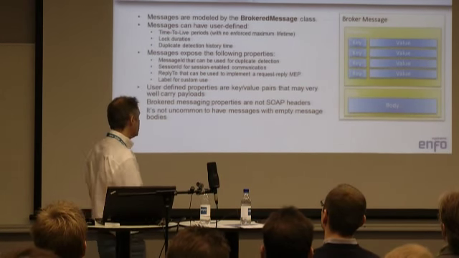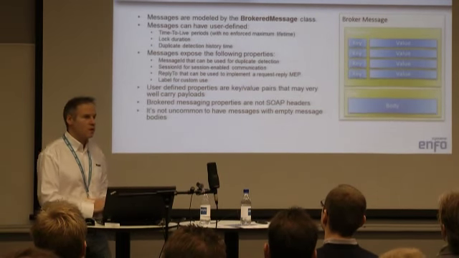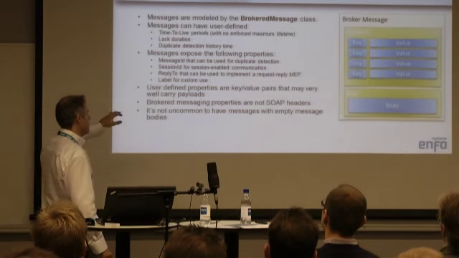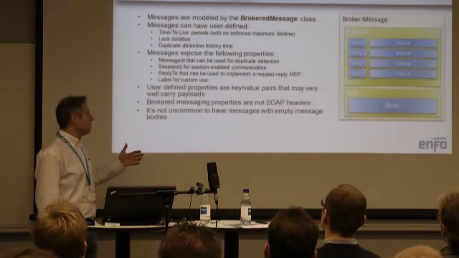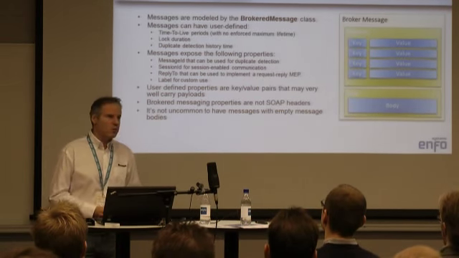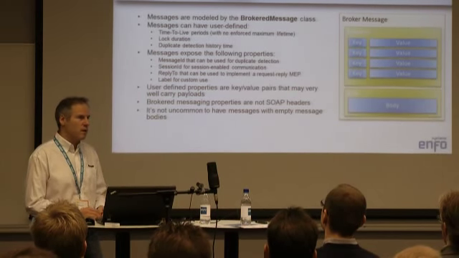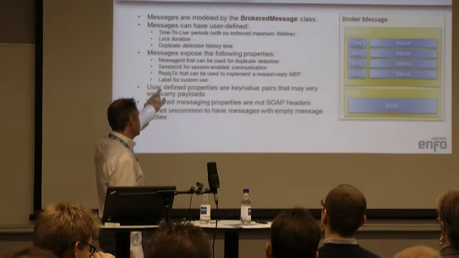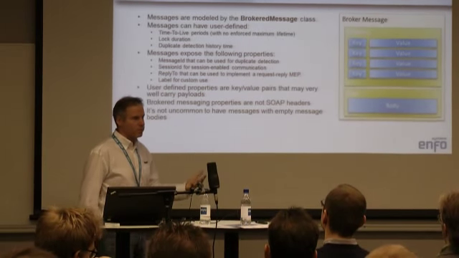For example, the message ID can be used to specify the message ID, and this is used for duplicate detection. There is the session ID that you can use when you are enabling sessions on a queue or a subscription. Another interesting property is the reply to.